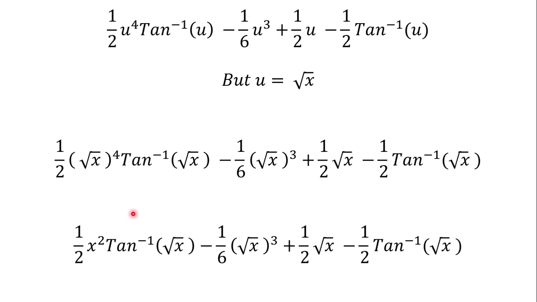Okay, good. Here it was square root of x raised to the power 4. And remember, square root of x raised to the power 4 can be written as what? x squared. This one is same as x raised to the power half, and this will give us x squared.